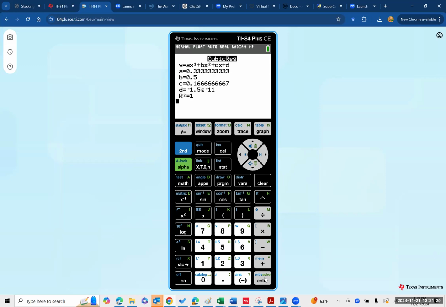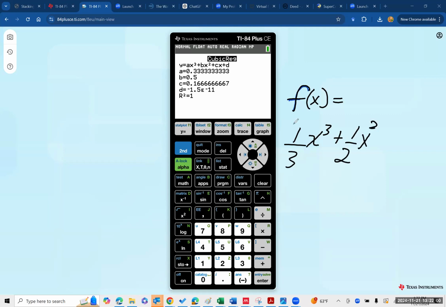And so I'm going to write it down in a way that makes more sense to me. So this is f of x is, I'm going to write it down here because I need some space. So it's 1/3. Instead of 0.3 repeated, I'm going to use 1/3 x cubed. And then the b is 0.5, so that's 1/2 x squared.